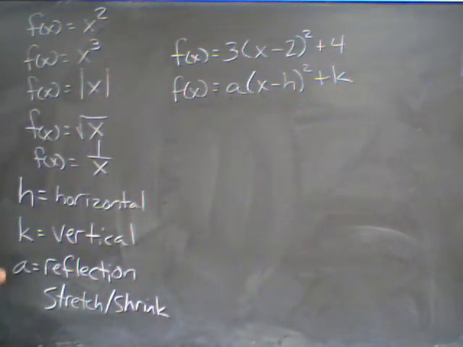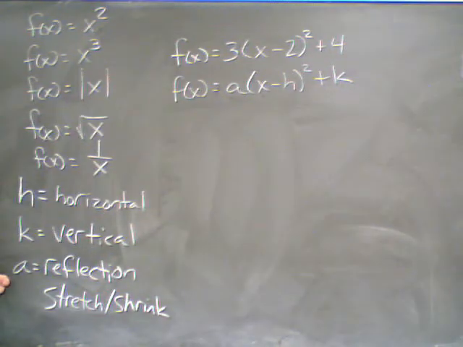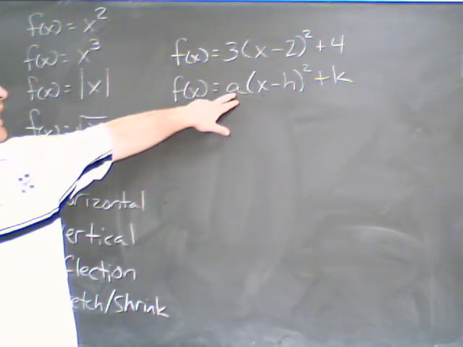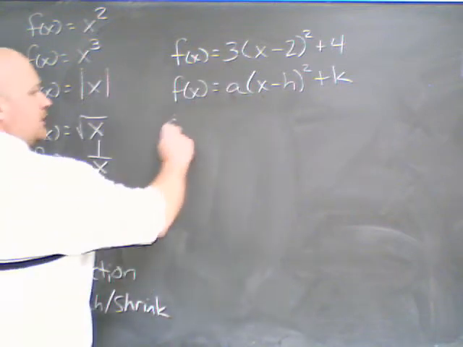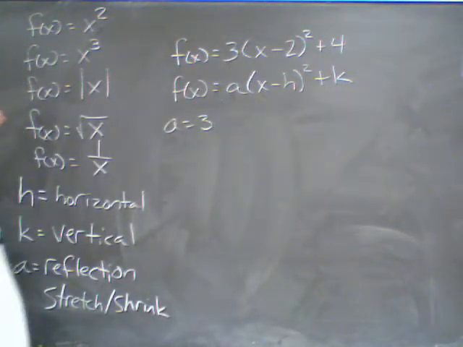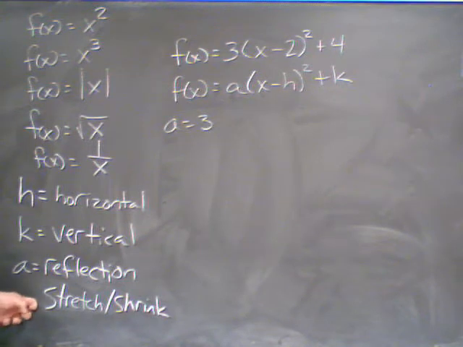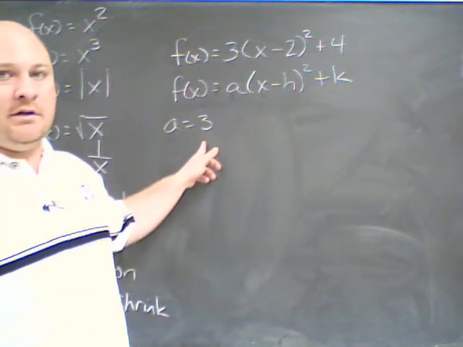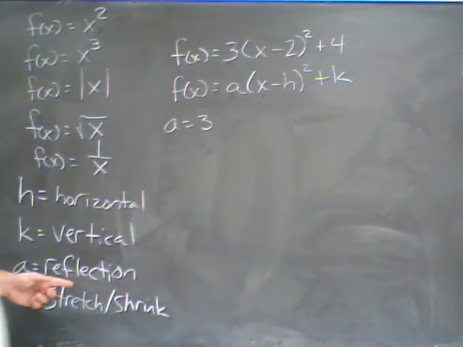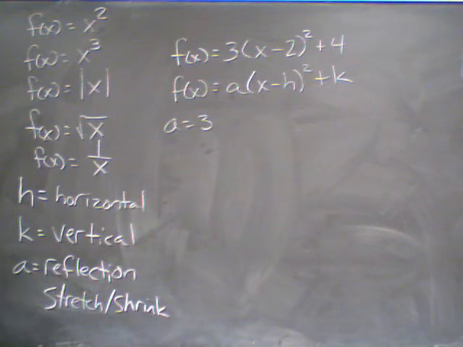So if we follow this key over here, we can tell that a has a value of 3. If a equals 3, well, that's going to control reflection and stretch and shrink. If it's negative, it's going to be reflected. This is positive, so no changes going on with regard to reflection.